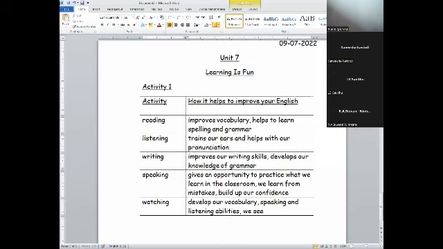We see how English is used in real life situations. This is very important. How do we use English in real life situations?